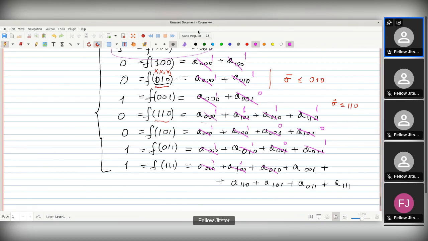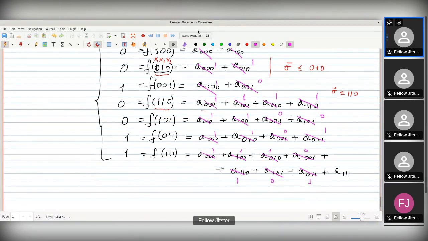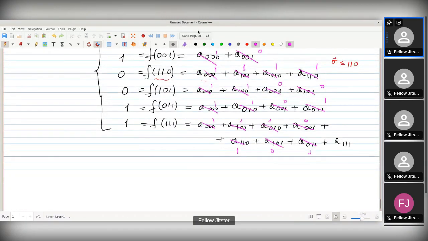1, 1, we know it already. 0. Next, 1. 0. 1. So here we have 5 unities whose sum is 1. 1 equals 1 plus x.